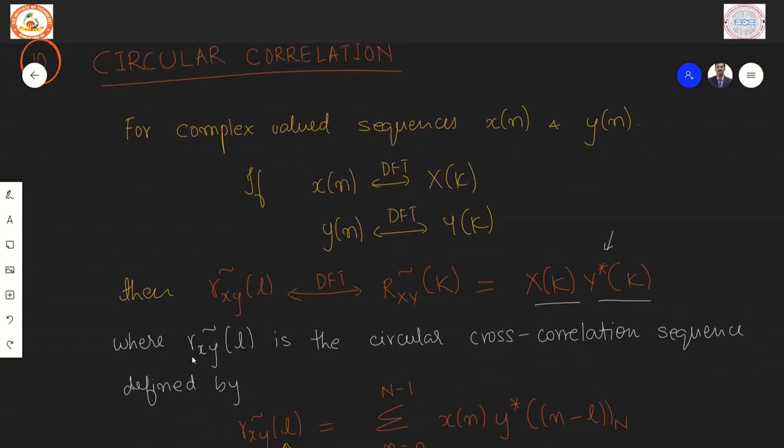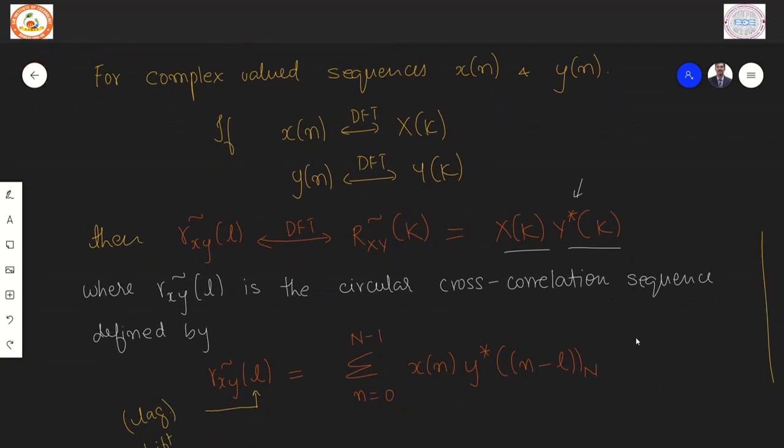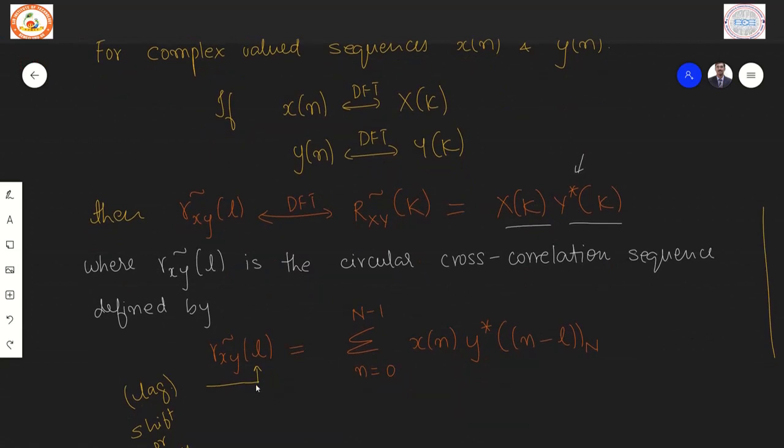Now in this, Rxy tilde of L is the circular cross correlation sequence, which is defined by, let's take a look at the expression. Rxy tilde of L is equal to summation n between 0 to N minus 1 x of n into y conjugate of n minus L mod N. This expression is very much similar to the circular convolution.